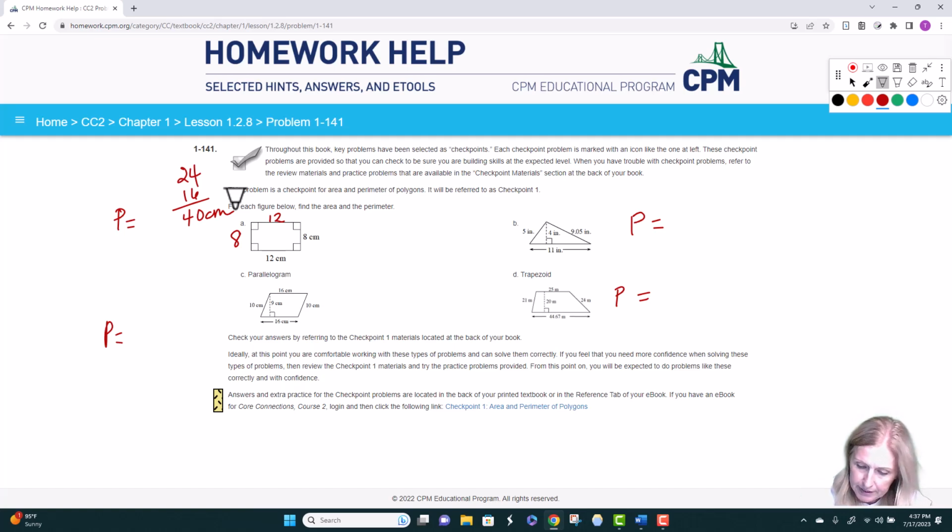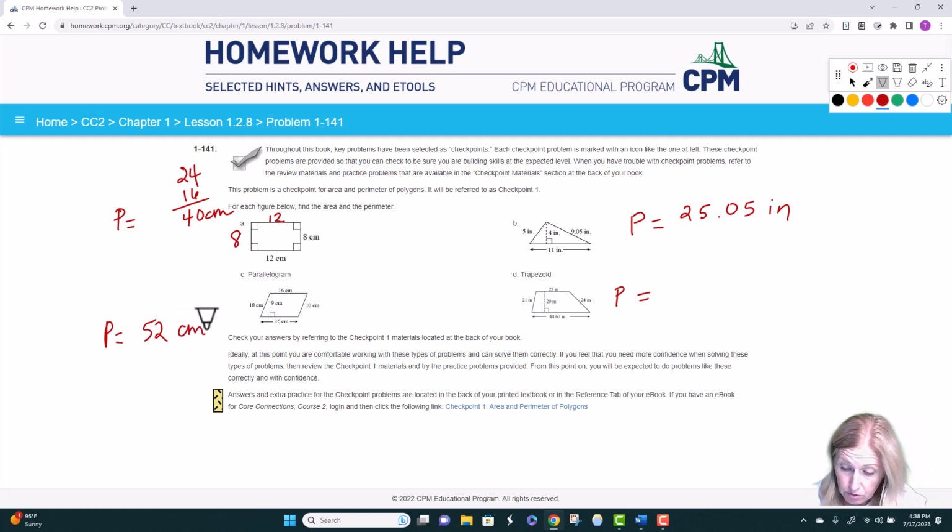Okay, let's do B. We've got 9.05 plus 11 is 20.05, plus a 5 is 25 and 5/100. Okay, C. 10 and 10 is 20, 16 and 16 is 32, 32 and 20 is 52 centimeters.